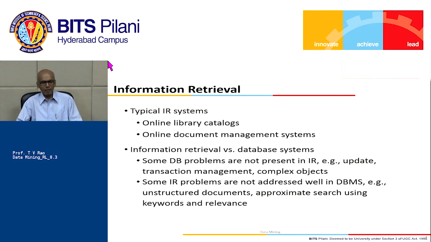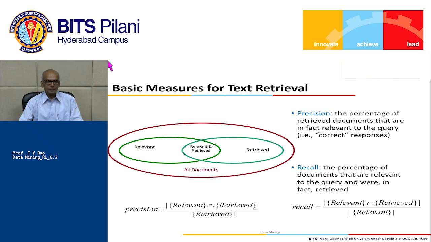Though we may claim that a document does have some structure, it is not as standardized as a relational table structure. And we need to work with approximate search, because we are working with natural language where words sometimes can mean different things based on the context. And we need to determine the relevance of the document for a given query or a given purpose.